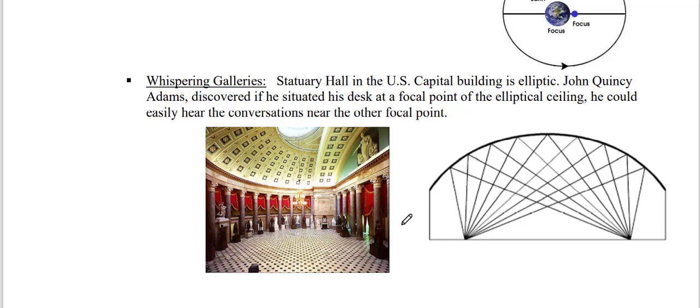He could easily hear the conversations near the other focal point. So you have a graph here that kind of shows that reflective pattern. It reflects to the other focus if you're sitting at one spot.